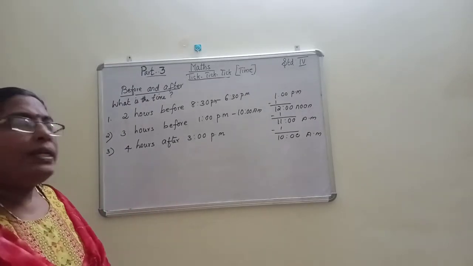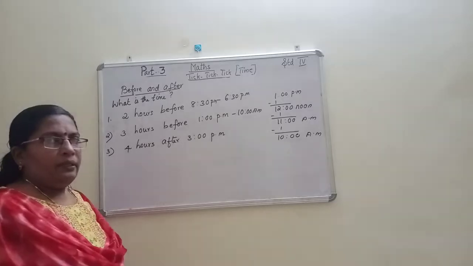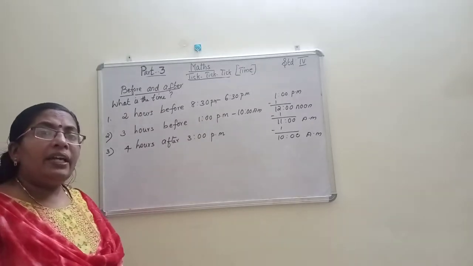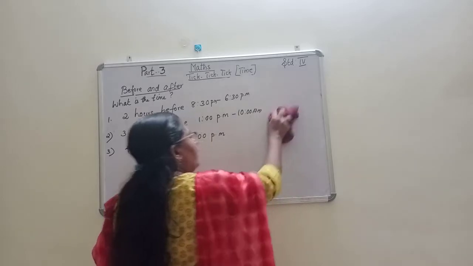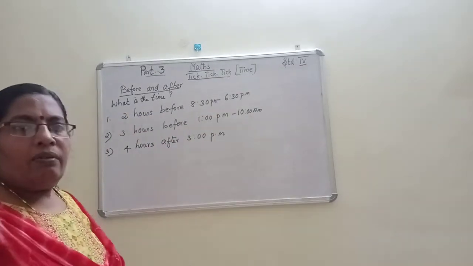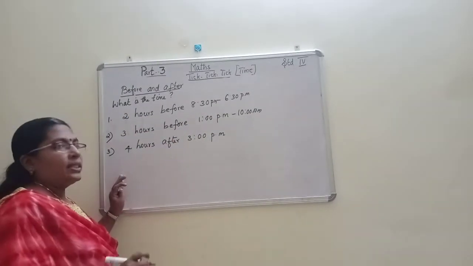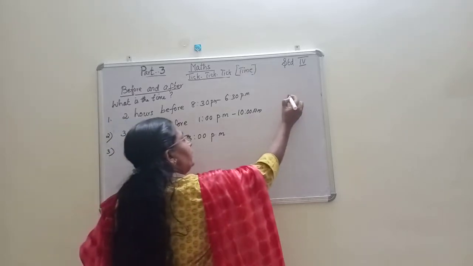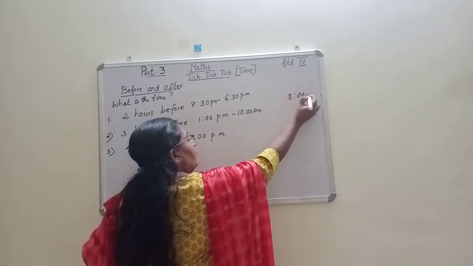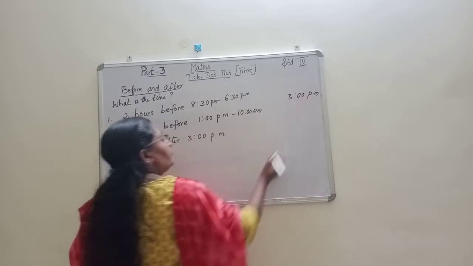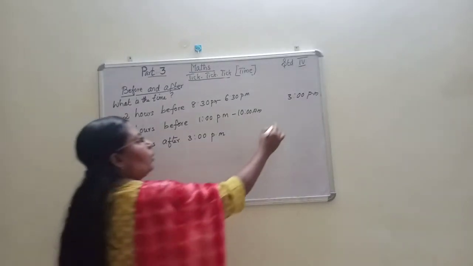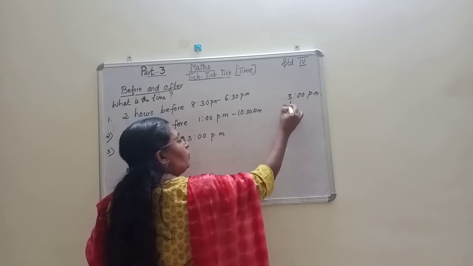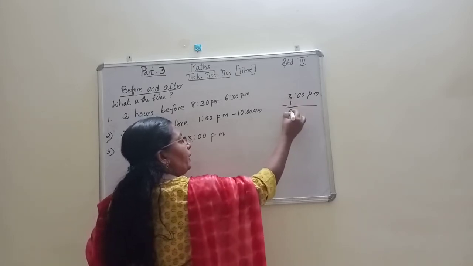Now the time is 3 o'clock in the evening. After 4 hours, what is the time? That is 3 PM. After 1 o'clock, that is 4 PM.